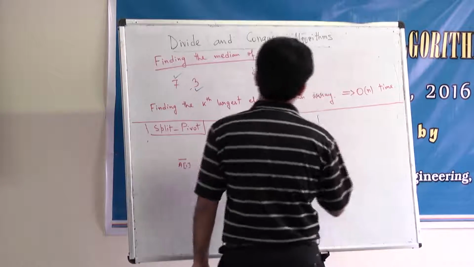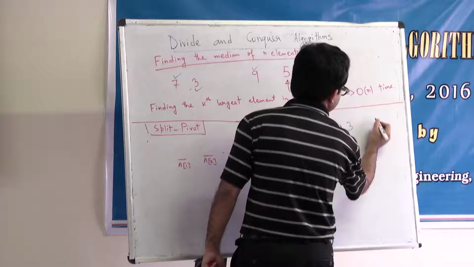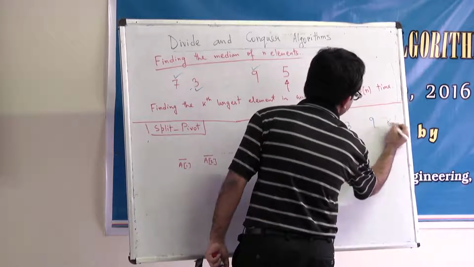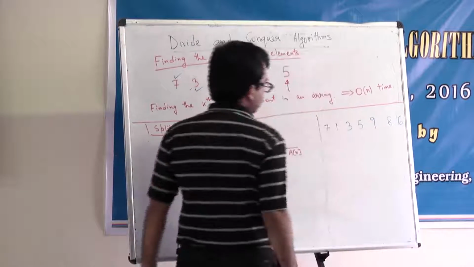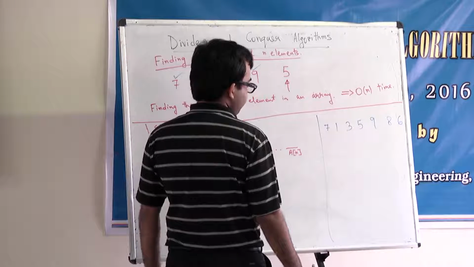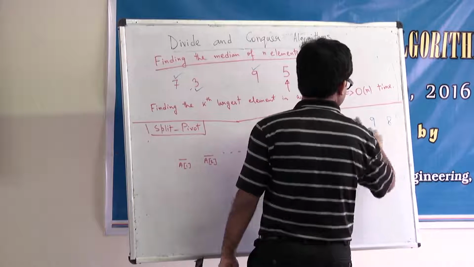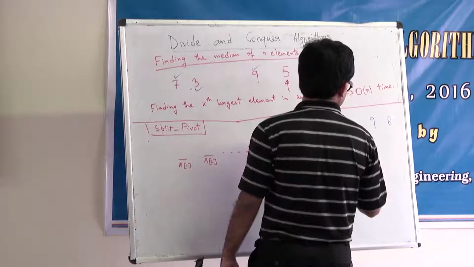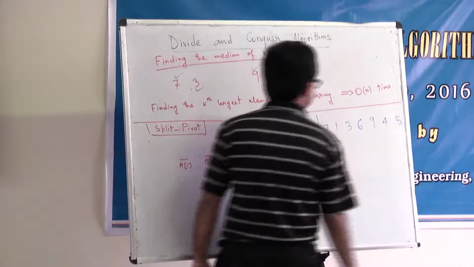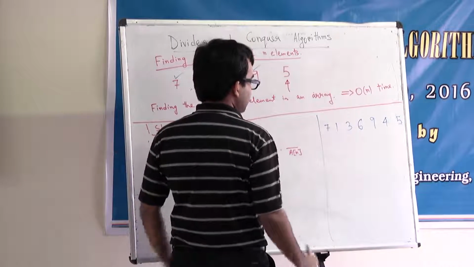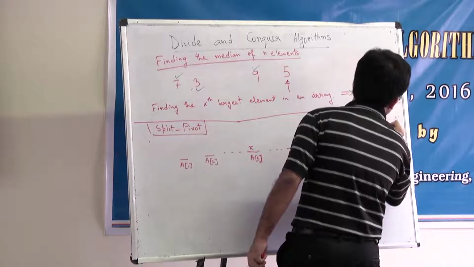Let's just go through an example quickly. Just give me some arbitrary numbers, okay? Say 7, 1, 3, 9, 8, 6, 5, 4.